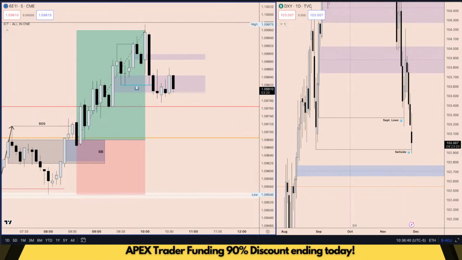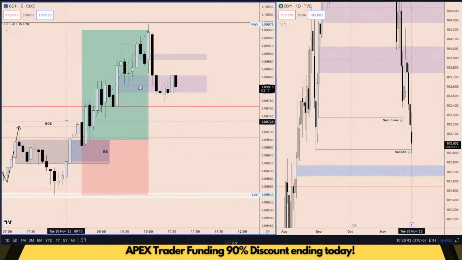That's usually how we can look at order blocks. Every down closing candle within this uptrend for the early AM session kept ending up holding support.